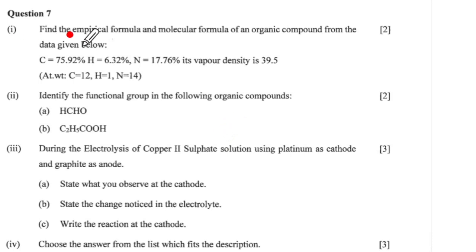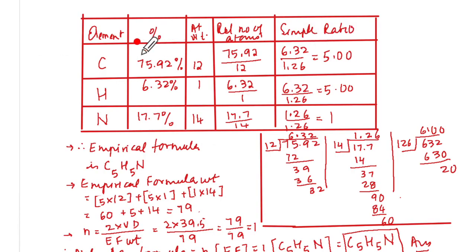Number 1, find the empirical formula and the molecular formula of the organic compound from the data given below. C is given here, H is given this way, N is given this way, vapor density is 39.5. So let us see how we write it down. So I have made the tables over here. Can you see?